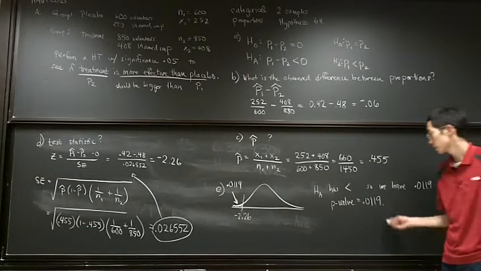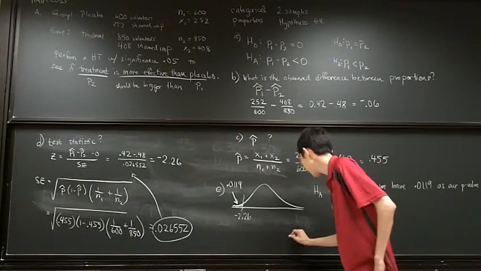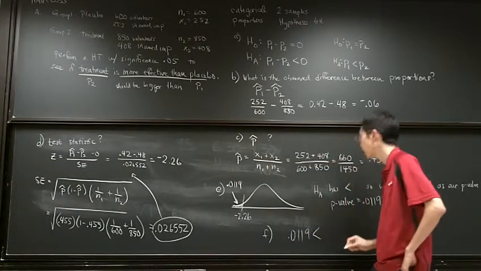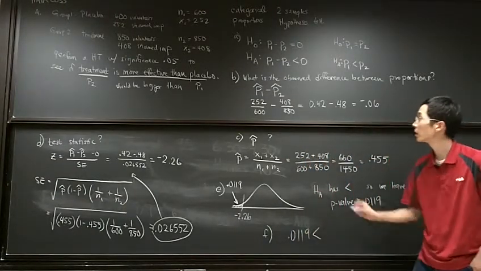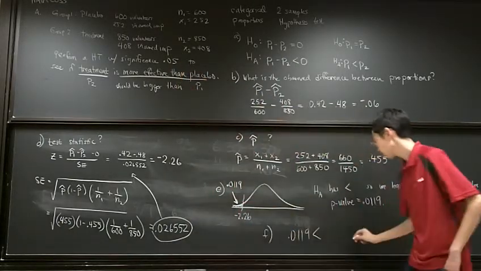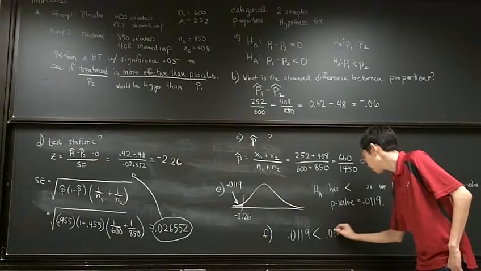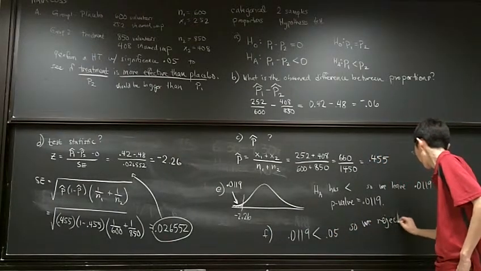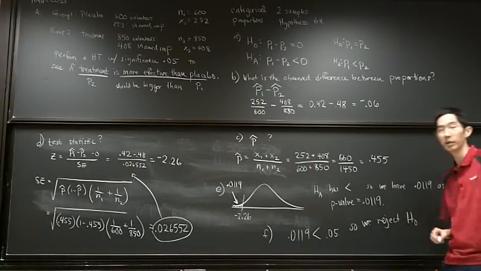So 0.0119 is less than alpha. What is alpha? It says perform with significance 0.05. So it is less than 0.05, so we reject the null hypothesis.